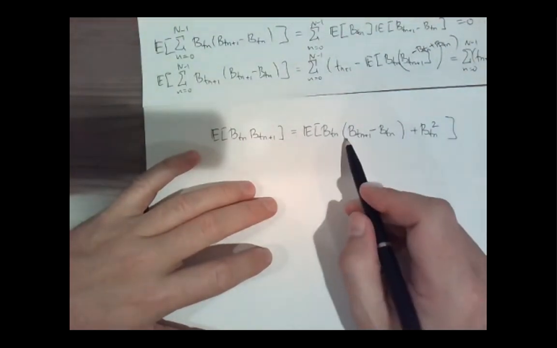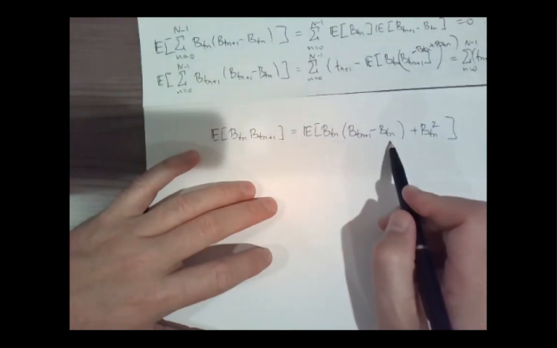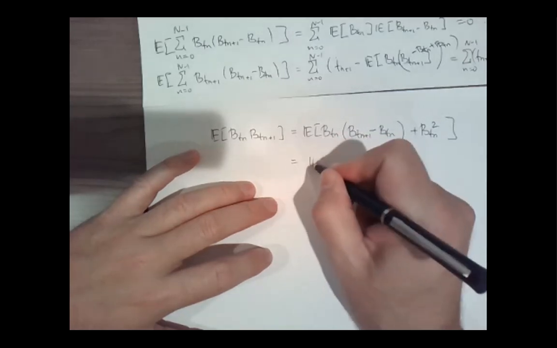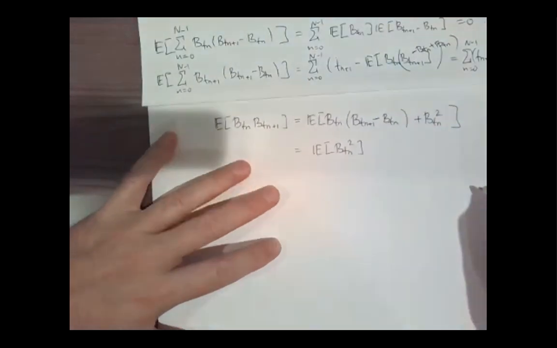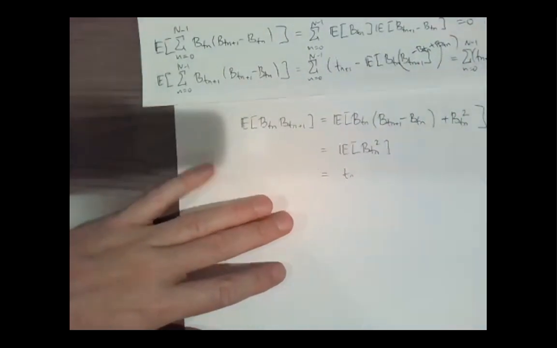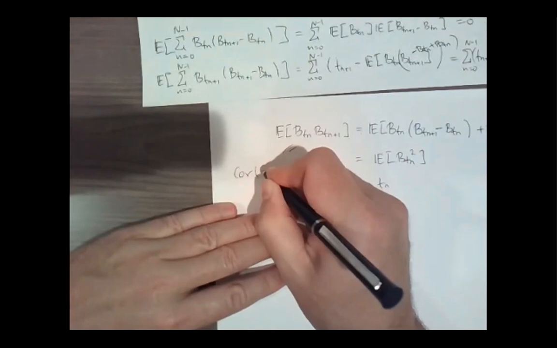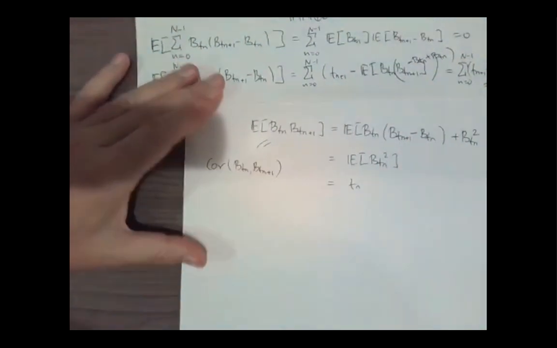Now this term is independent of that term, so the expectation just goes to 0. You're just left with the expectation of B_{t_n} squared. That's just a variance because the mean is 0. So what we have here is the covariance.